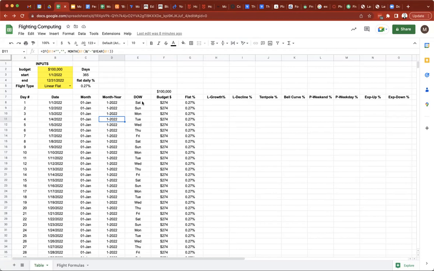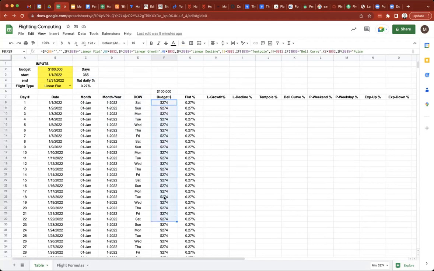So what I've done already is create a table that has some inputs, so a budget amount, a start date, and an end date. And then it has some initial outputs. So the number of days, what a flat percentage per day would be if I wanted to take this budget and spread it evenly across the entire time period, which is what you're seeing here.